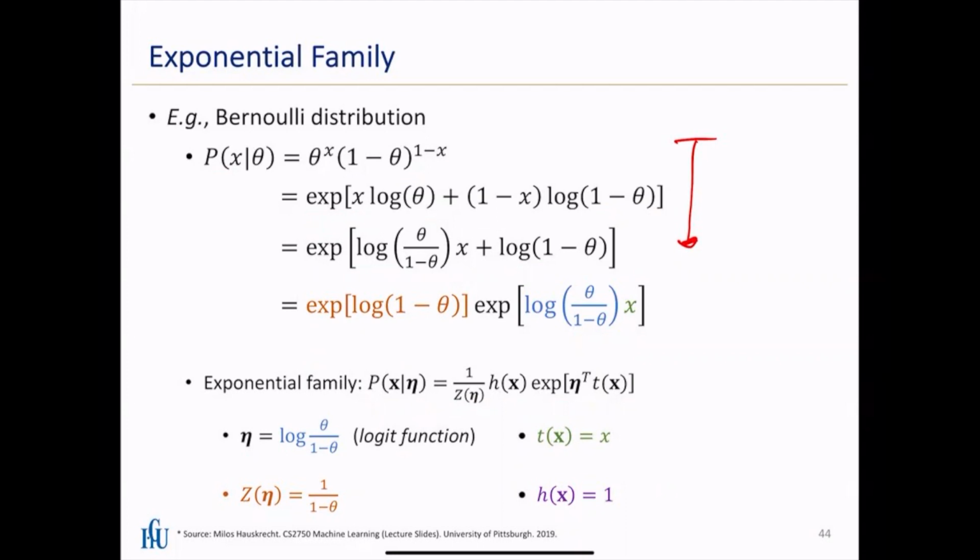The thing in front of x is eta. That is the natural parameter of the Bernoulli distribution, and it can be written as log zeta over 1 minus zeta. On the other hand, in this case, the sufficient statistic is simply x.